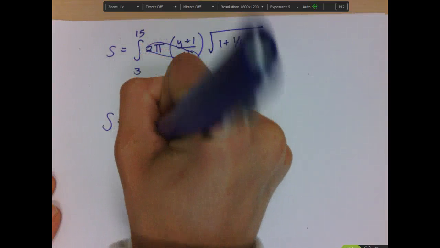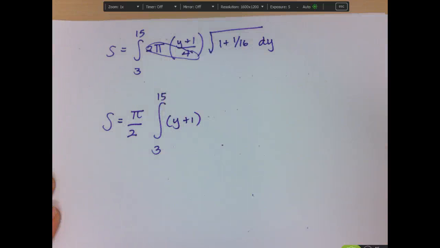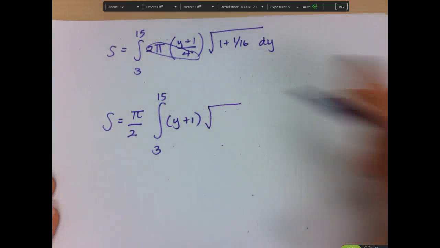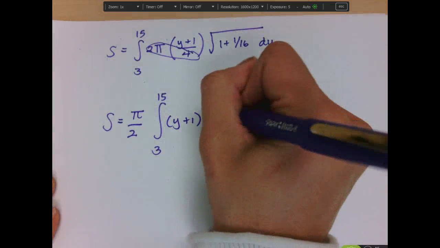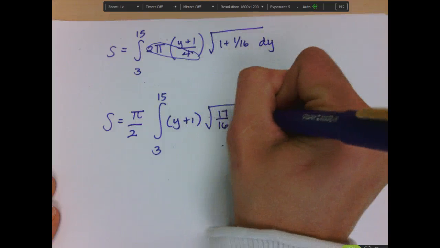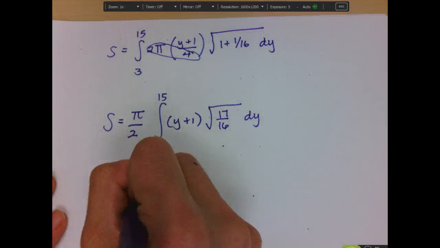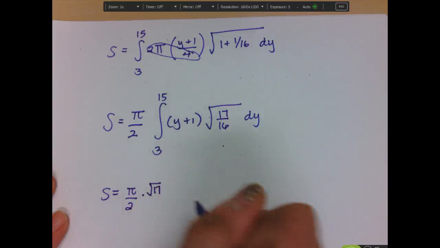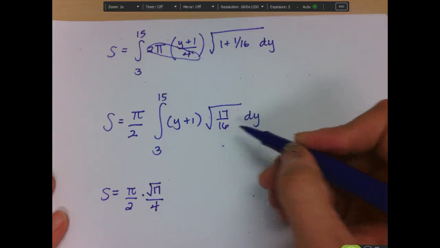So that can be folded out front. In addition, this is a constant, which I may want to rewrite a little bit differently. If I get a common denominator here, I'll get the square root of 17/16. And so once again, I can pull that out. So I've got pi over 2, and I've got the square root of 17 over 4, since the 16 on the bottom is a perfect square.